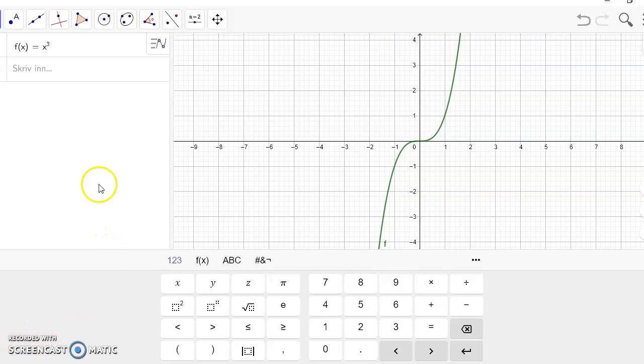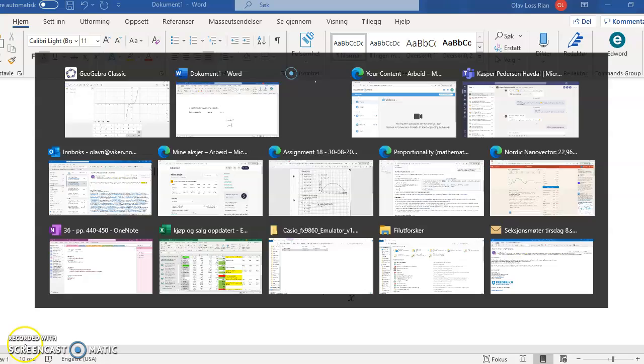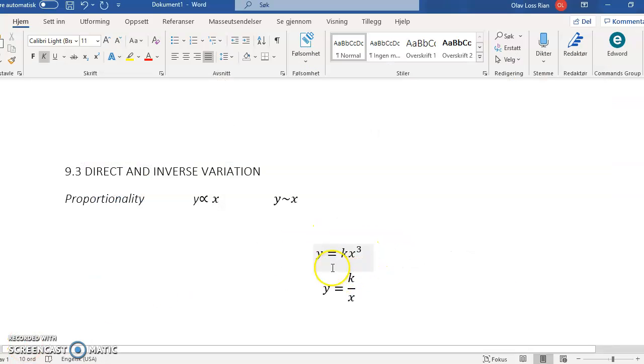So that's direct variation. We have a relationship between x and y, which is defined by a constant multiplied with the variable x. And x can be either in the first or second or third power. But there are no other terms in the equation itself.